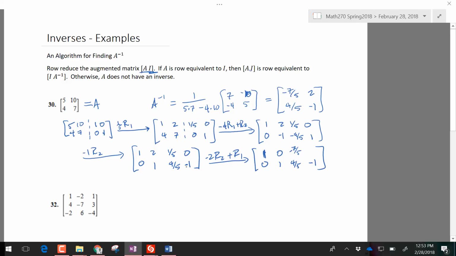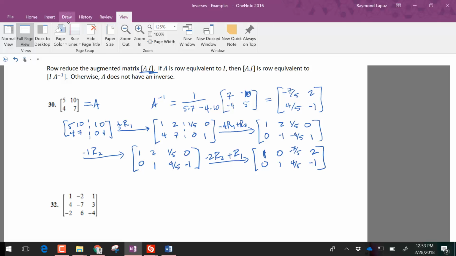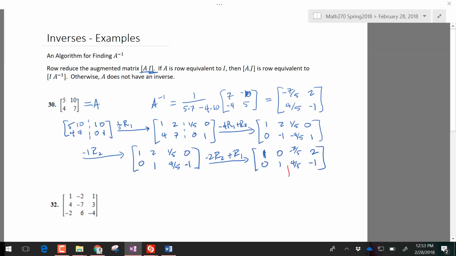And then negative 2 times negative 1 is positive 2, and then we add it to 0, positive 2. Identity. Yep, so that's our inverse, which is what we got in the original algorithm.